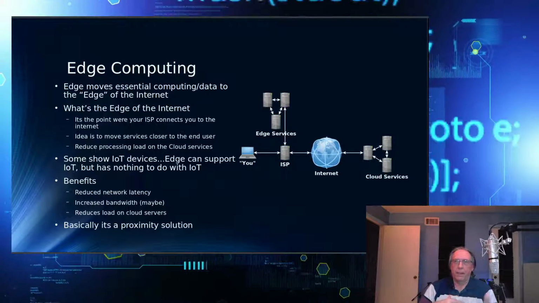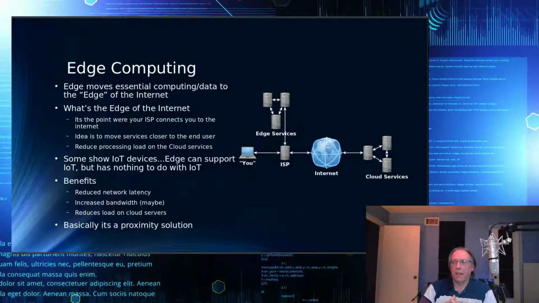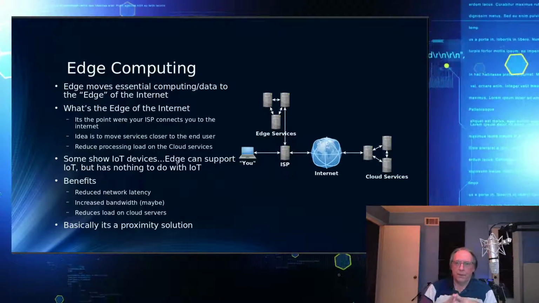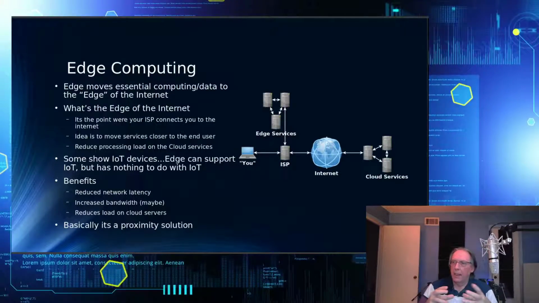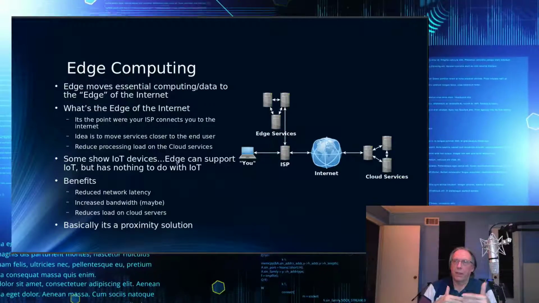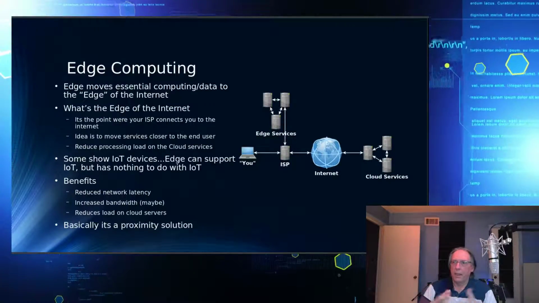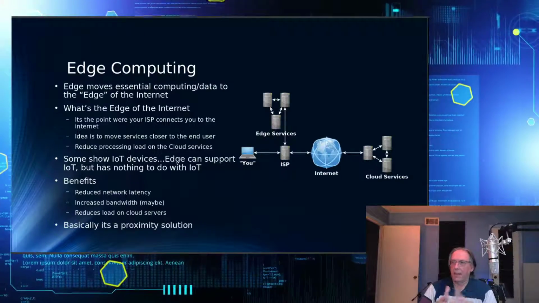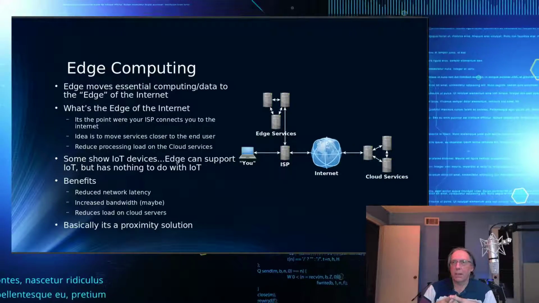Like here in Texas, I get an answer back from the closest city. Versus years ago, it would go off to the main server of Google in order to do that. So the edge is the point where, in this case, the ISP connects to the internet. It can be your site as well. I'm just saying as an example, the ISPs are the ones that are currently setting these up.